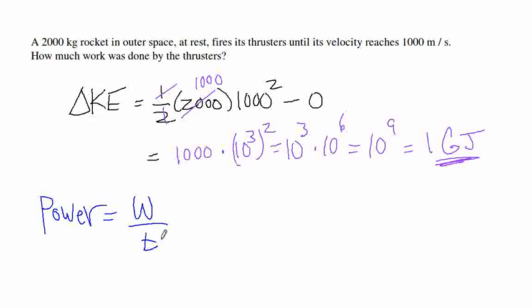The units of work are joules, and the preferred SI units of time are seconds. So power can be given in units of joules per second. Another name for joules per second, named after a famous scientist who studied steam engines, is the watt. So we give it in units of watts.